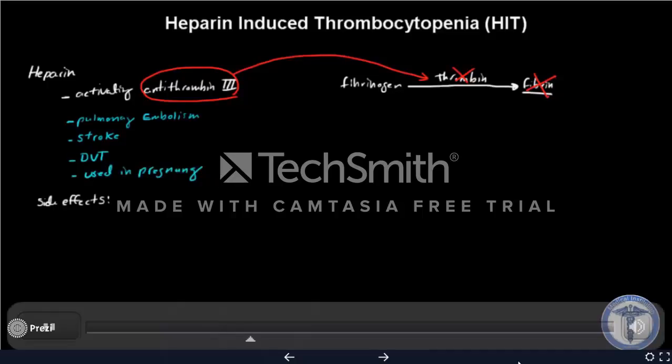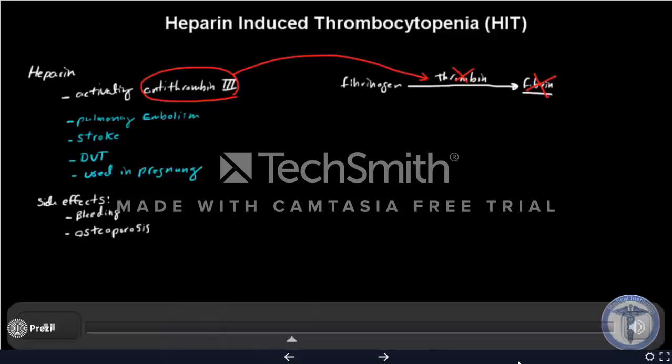And some of the important side effects of heparin are obviously bleeding, because we are inhibiting production of fibrin, and osteoporosis. So if we have a patient who already suffers from osteoporosis, we obviously don't want to give her heparin.